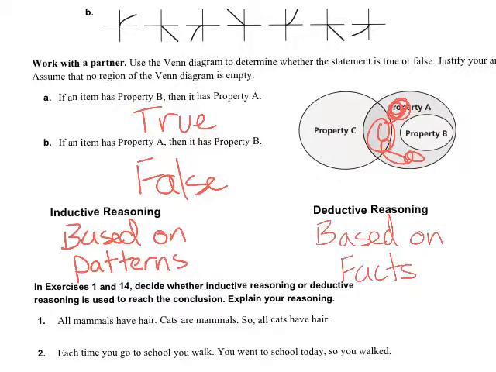So that would be like me saying, every day Billy walks home from school, so on Friday Billy will walk home from school. That would be inductive reasoning. It's not a fact, right? Billy could be sick. Billy could have some kind of special activity. Just because Billy almost always walks home doesn't mean that's going to be a fact. So that's more what we're looking at when we're talking about inductive reasoning.